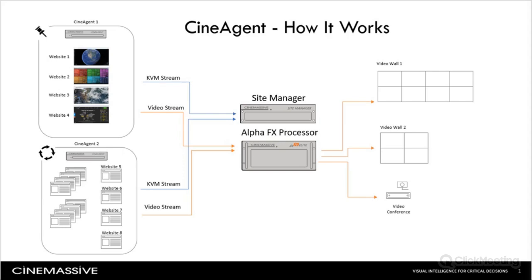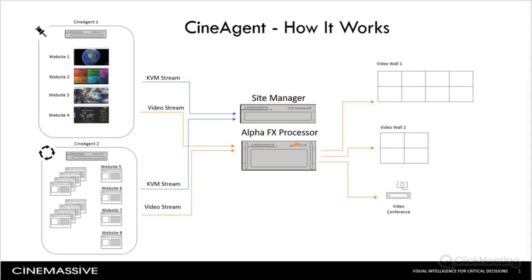I have one CineAgent set up to demonstrate the pinned CineAgent feature, and the other CineAgent is set up as the variable CineAgent feature. The variable CineAgent setting allows you to access actually n number of websites from one unit, but just 4 at one time.